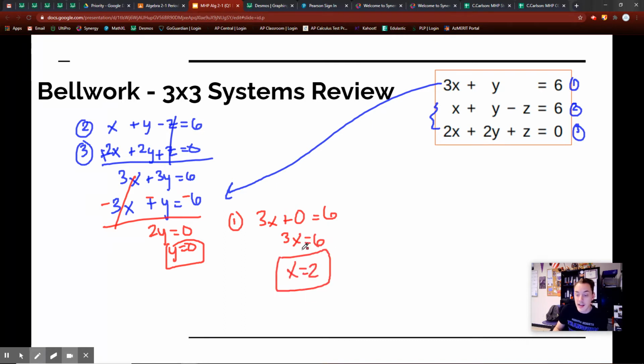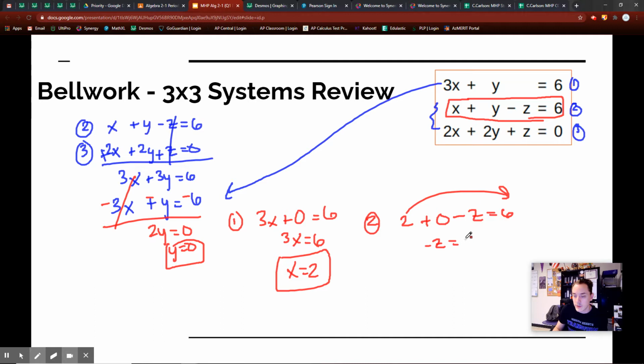Now let's do the second equation because it's the easiest one with all the x, y, and z. It's only a negative z. So x is 2, y is 0, negative z equals 6. I'm going to subtract the 2 over, so negative z equals 4.